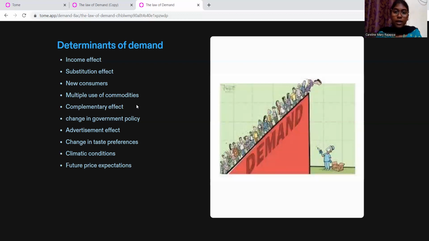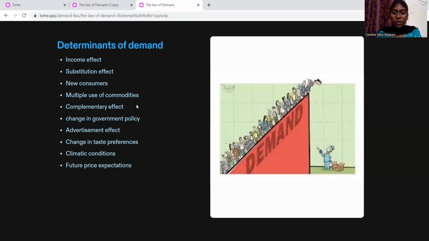Climatic conditions: in the summer, people go more towards cold items like milkshakes, ice creams, juices, etc. In that way, the demand for those particular goods and services will increase.